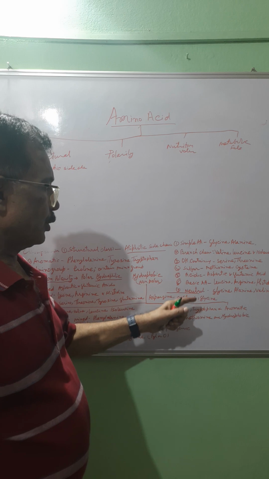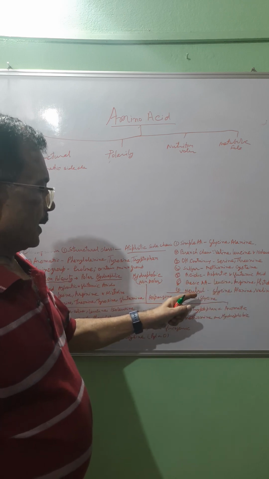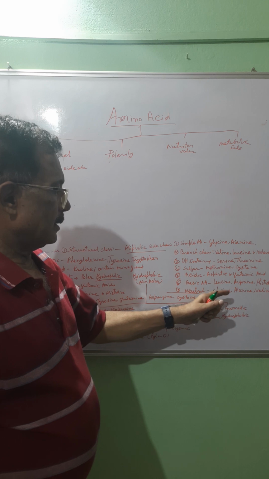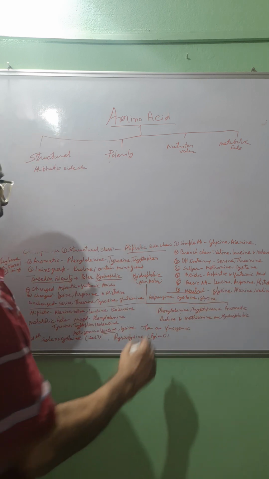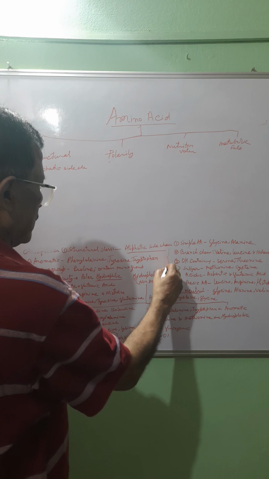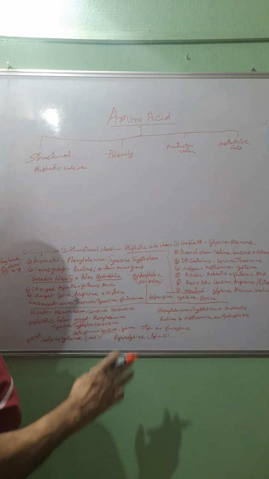Then basic amino acids, lysine, arginine, and histidine, and neutral amino acids, glycine, alanine, and valine. These are the types of aliphatic side chain structure.